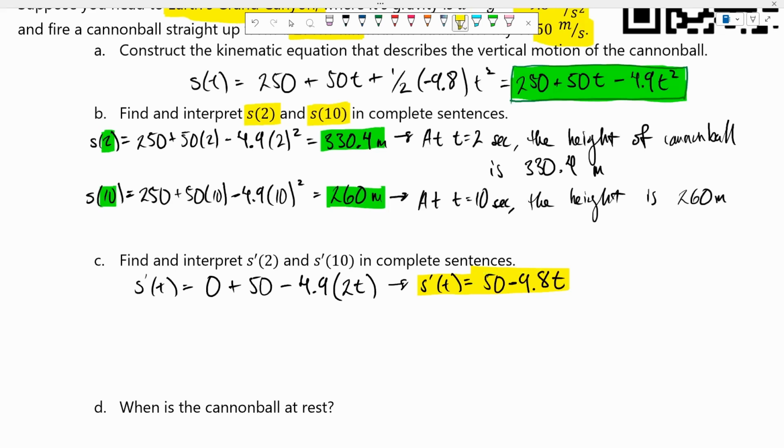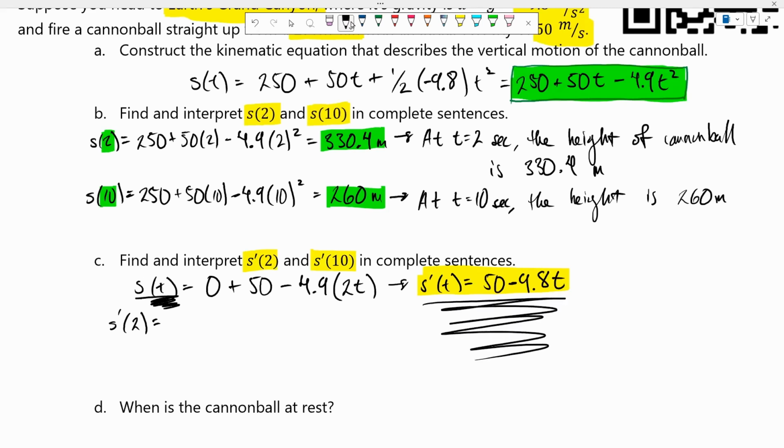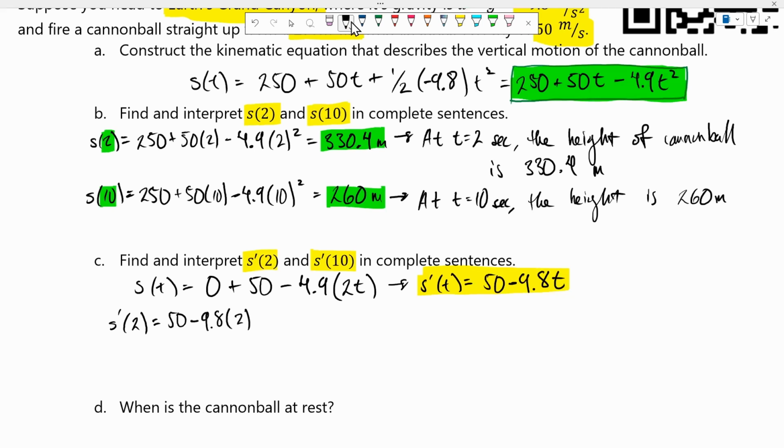All right. Now, I need to interpret S prime of 2 and S prime of 10. Okay, so let me go ahead and do S prime of 2 first. Okay, that is saying, right, I need to plug in my 2 into the newly found S prime function that I found, this one, right? So that's exactly what I'm going to do. 50 minus 9.8 times 2.